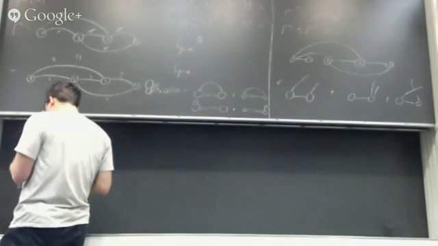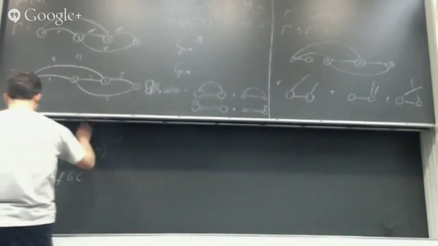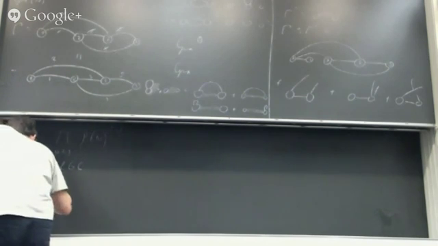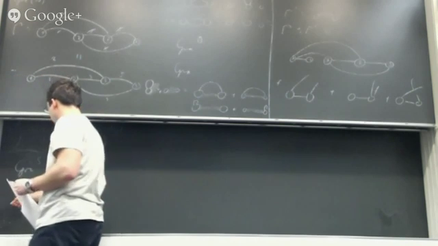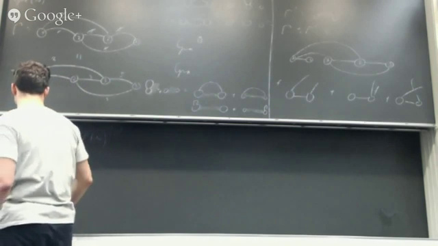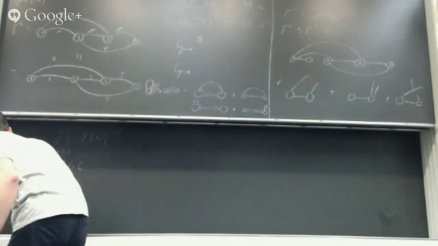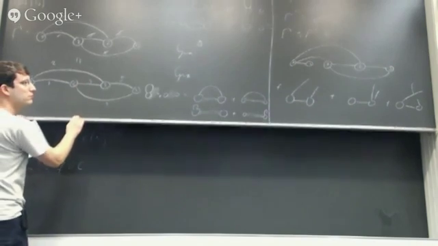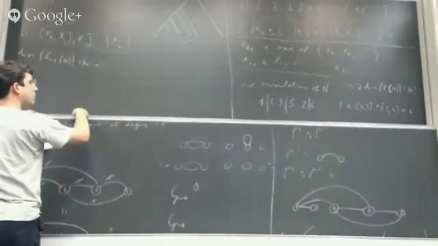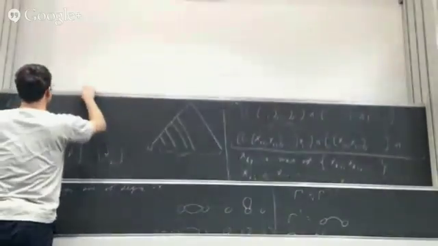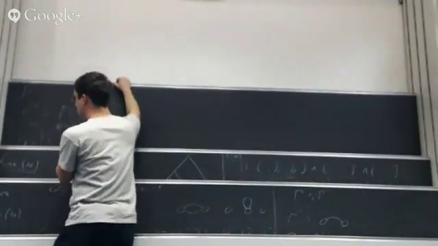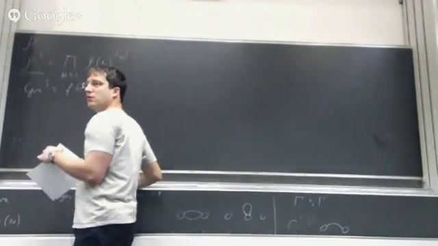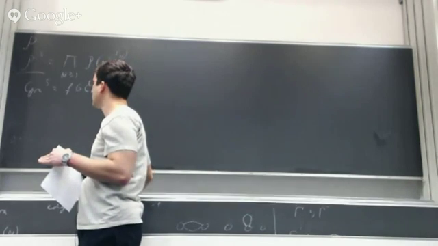First, I define a pre-Lie algebra structure, x pre-Lie y, where x and y... I should denote where they are.